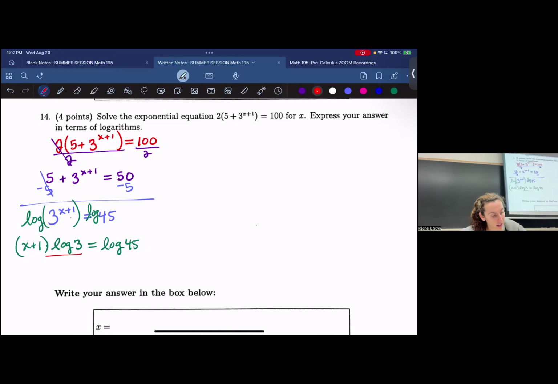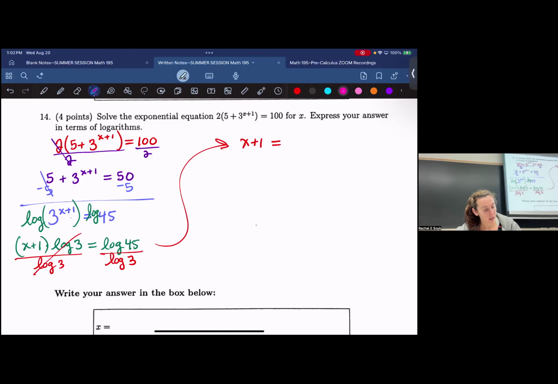I'm going to divide both sides by log of 3. And so now we're looking at x plus 1 is equal to log 45 divided by log 3, which can be written with a log base of 3.